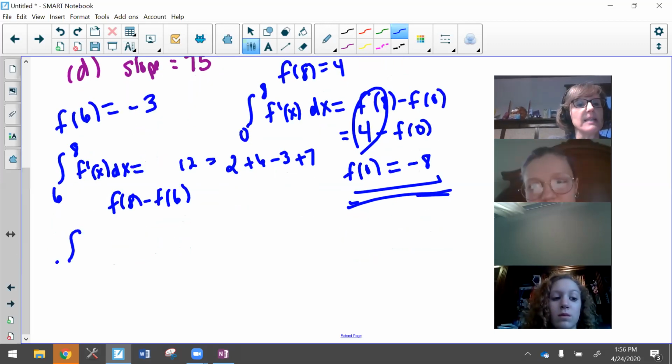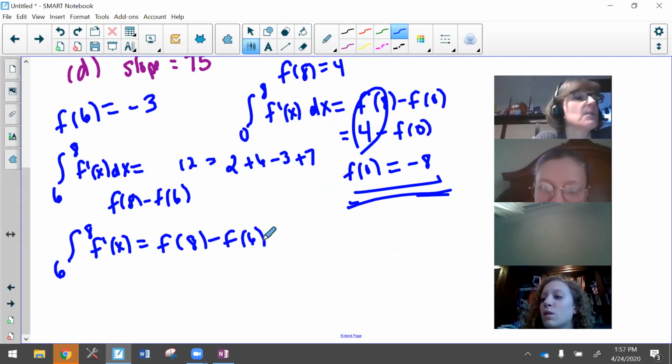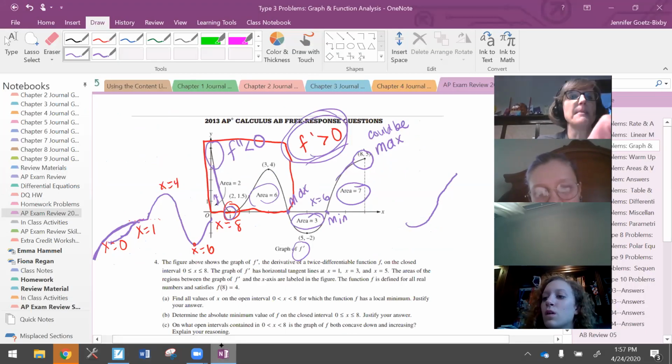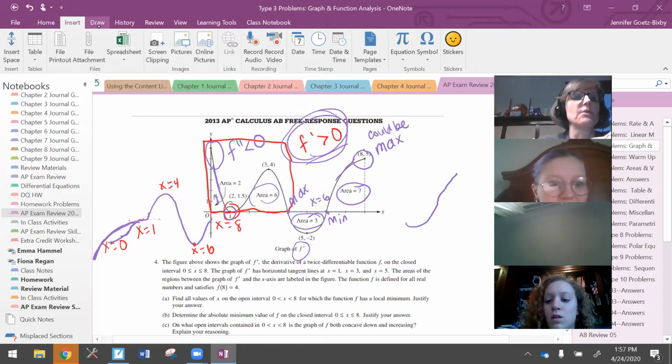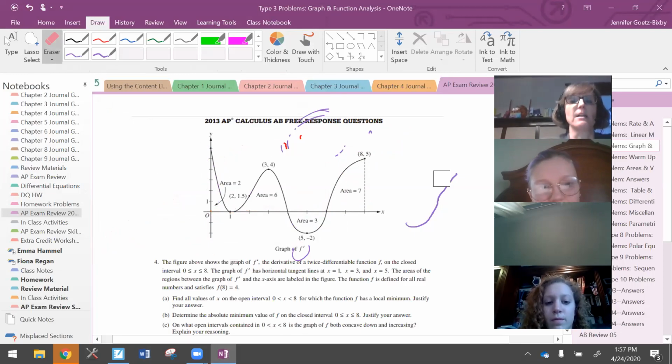Well, no. As I wrote here, if I take this integral equation, it's going to be equal to f of 8 minus f of 6. So if I look at my curve, we got a lot of junk going on here, okay?